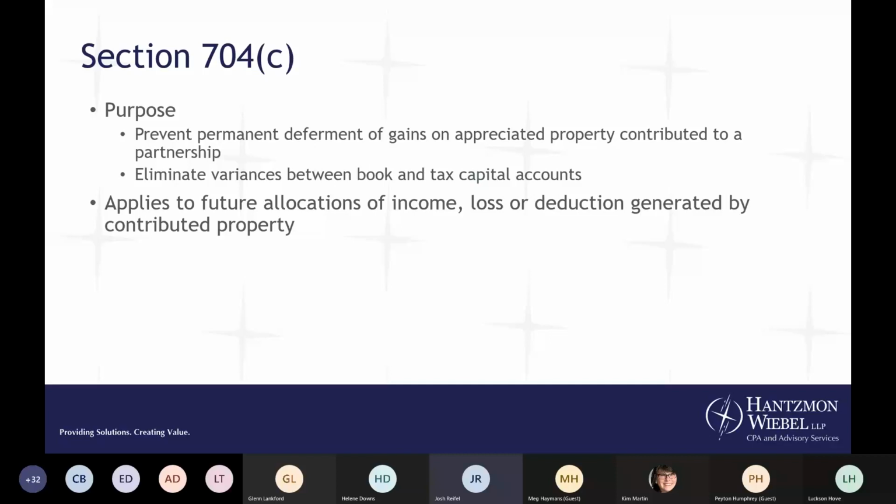The main purpose of section 704C is essentially to prevent permanent deferment of gains or losses on appreciated or depreciated property contributed to a partnership.